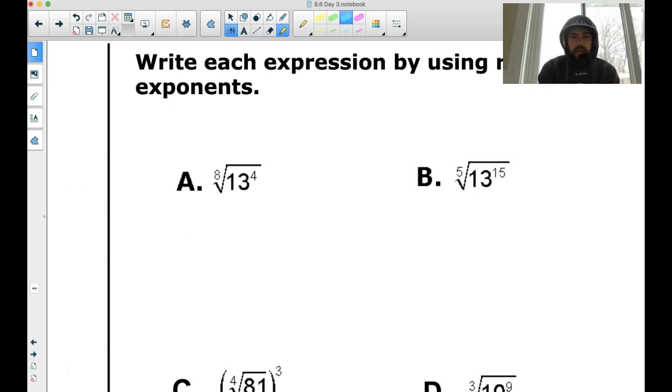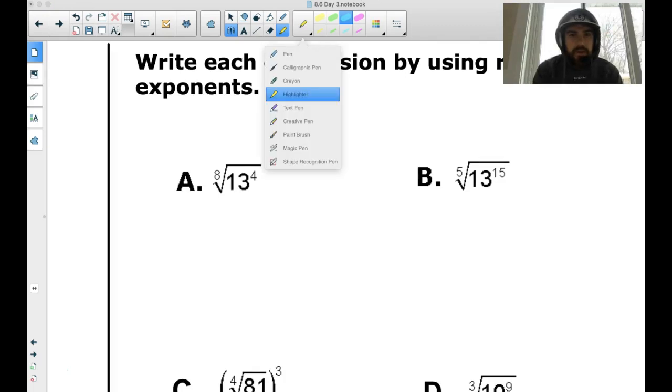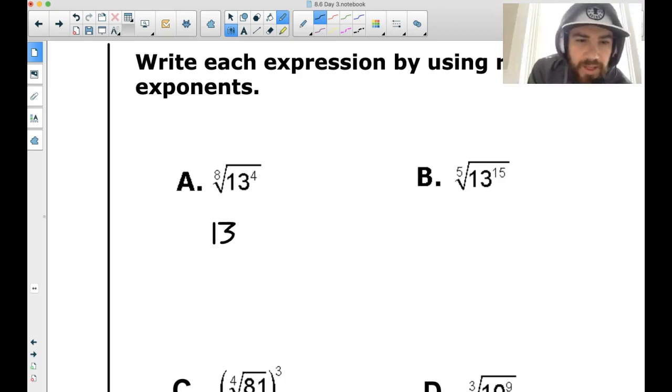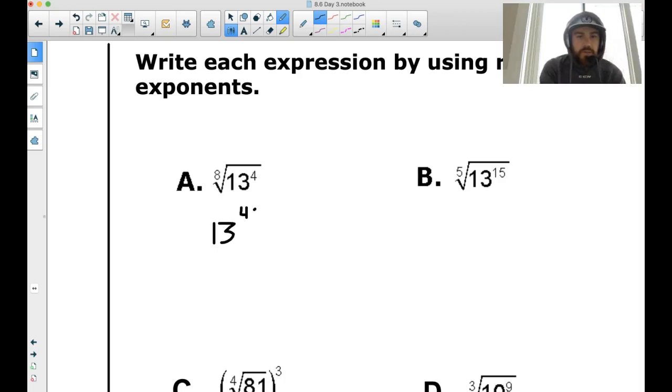All right, so here's some examples we'll run through. They're going to be really crusty because I can't write on this, so bear with me on that. The eighth root of 13 to the fourth power is the same as 13 to the 4/8 power, which 4/8 is kind of dumb because everyone should know that that's the same as 1/2.